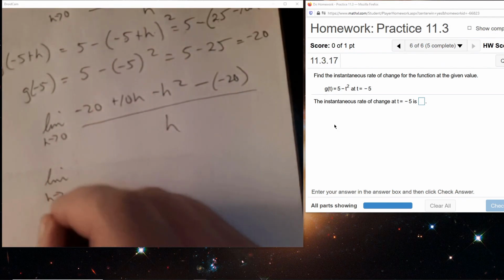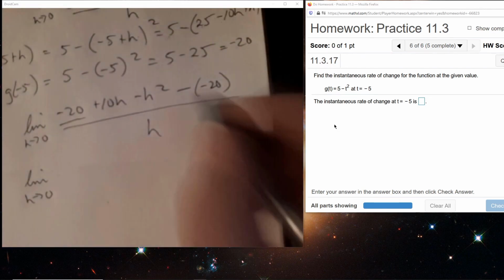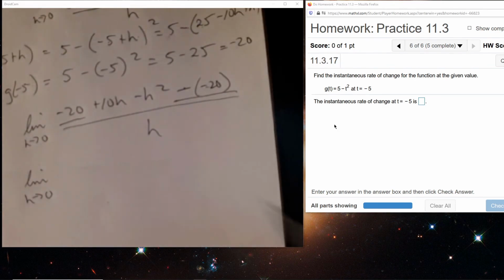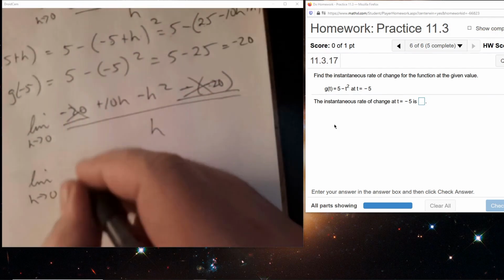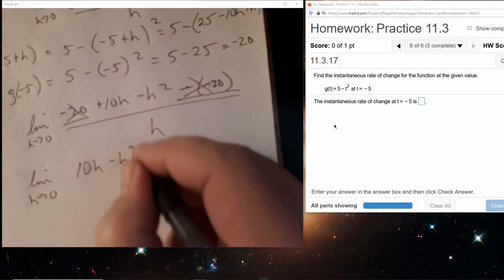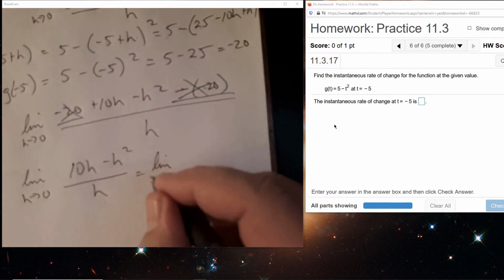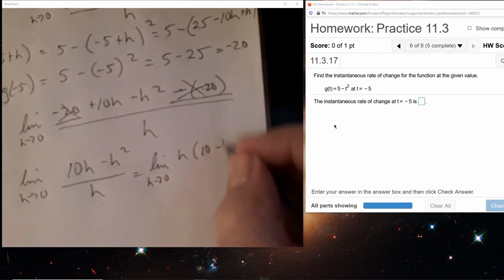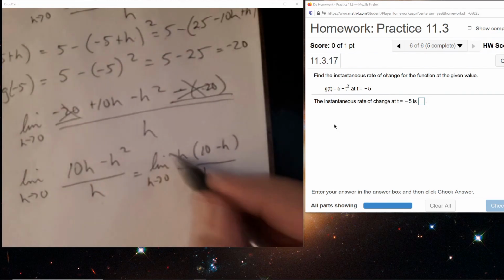And we'll clean this up. So we have a minus 20 and a positive 20. Minus minus gets us a positive. So those subtract out, they're gone. And what's left is 10h minus h squared over h. And we now have our factor of h in the numerator, which will divide out with the h in the denominator.